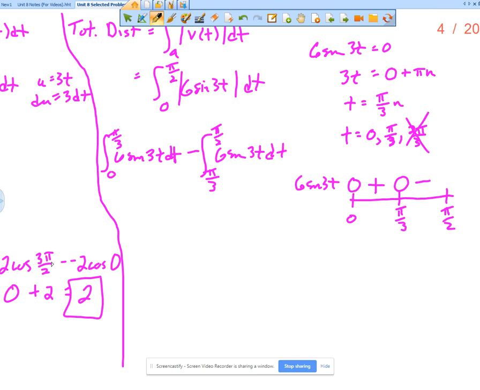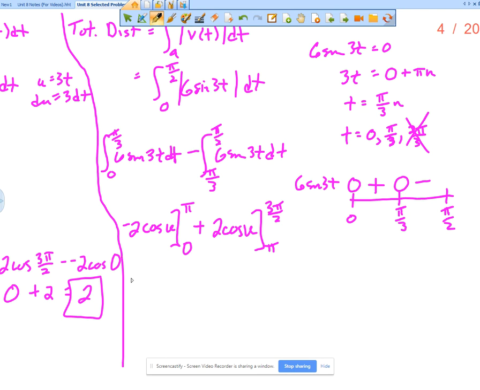We already know the integral is negative 2 cosine of u, but now we need to change our limits. 0 is 0, but 3 times pi over 3 is pi. Then I subtract the negative, so minus 2 cosine of u, where the lower limit pi over 3 gives u equals pi, and the upper limit pi over 2 gives 3 pi over 2.